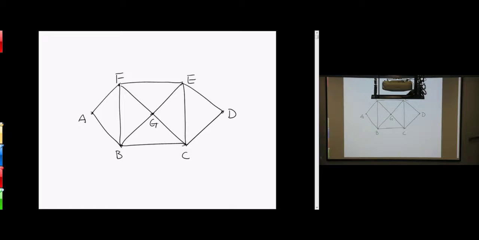Now, does the Euler theorem apply? Let's count the degree of each vertex. The degree of A is 2, because it has 2 edges connecting to it. A and D have degree 2, and B, C, E, F, and G have degree 4.